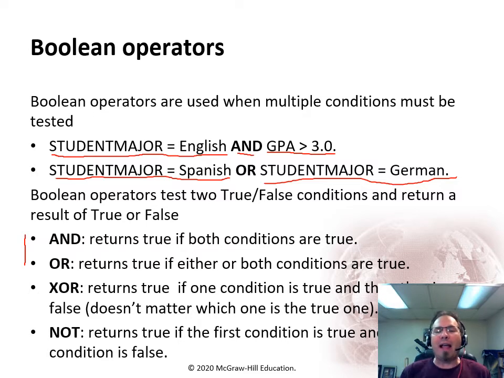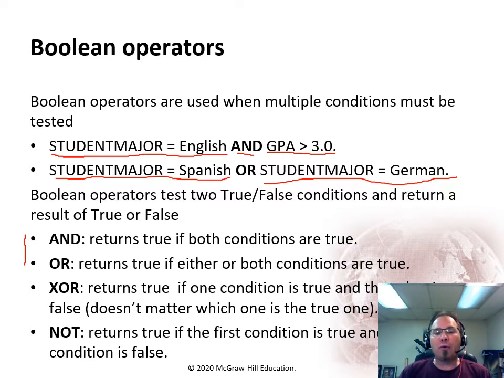I cannot write student major equals Spanish or German. You can't do that. It won't evaluate, it'll just throw errors. You have to have student major equals Spanish along with student major equals German. Both clauses have to be there in full for the SQL to work.